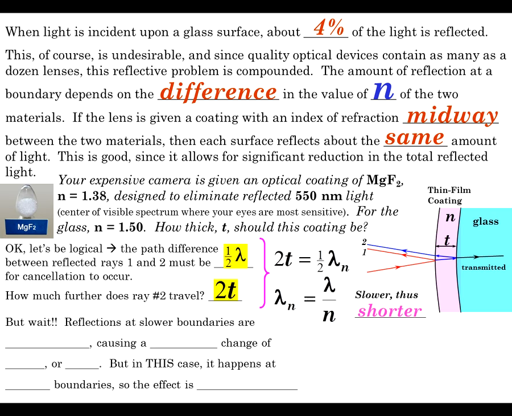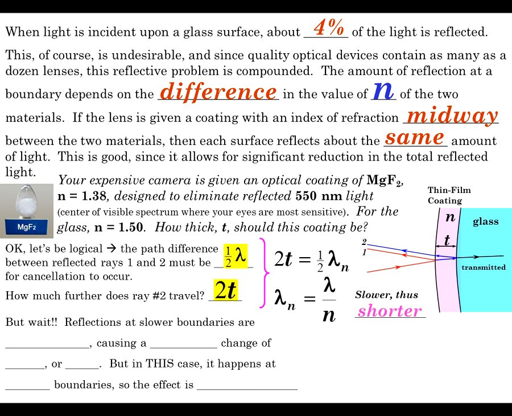Now we can finish up this problem. We have to consider, though, what the nature of the reflections are. Here's a reflection. It's going into a higher index, so it's inverted. The one that goes through gets reflected, and it too is inverted. So you got an inversion here and an inversion here, just like in the example we did in part 1.